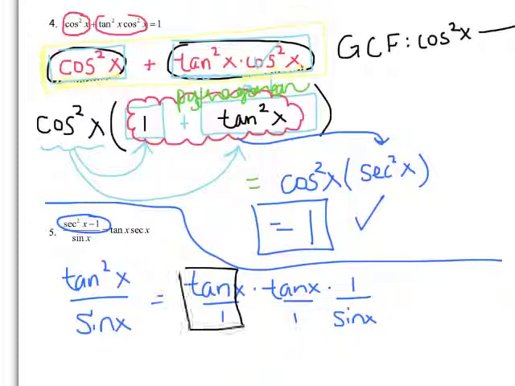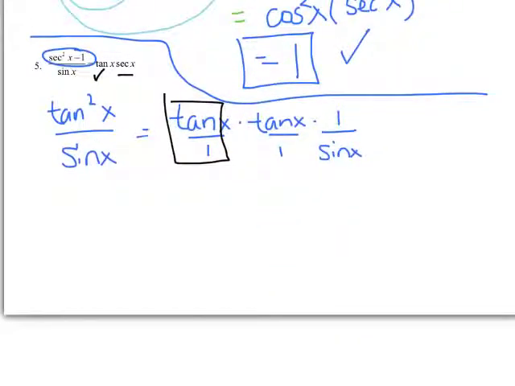So let's look at what I got. I got a tangent. I want a tangent, but I don't have this secant. Secant is 1 over cosine, so let's see some more sines and cosines. In my next step, instead of writing this tangent, I'm going to write sine over cosine, because that's what tangent is. I'm rewriting that first tangent because I like him. He's desirable.